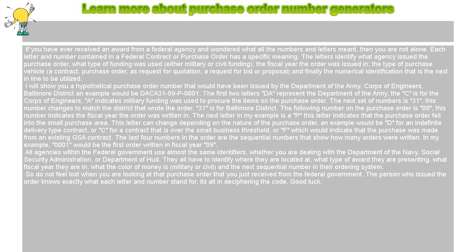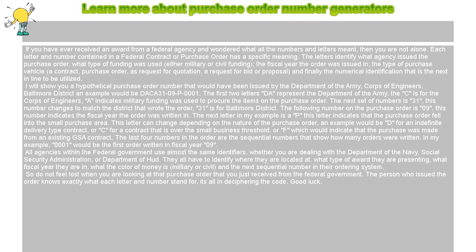This letter can change depending on the nature of the purchase order. An example would be D for an indefinite delivery type contract, or C for a contract that is over the small business threshold, or F, which would indicate that the purchase was made from an existing GSA contract.